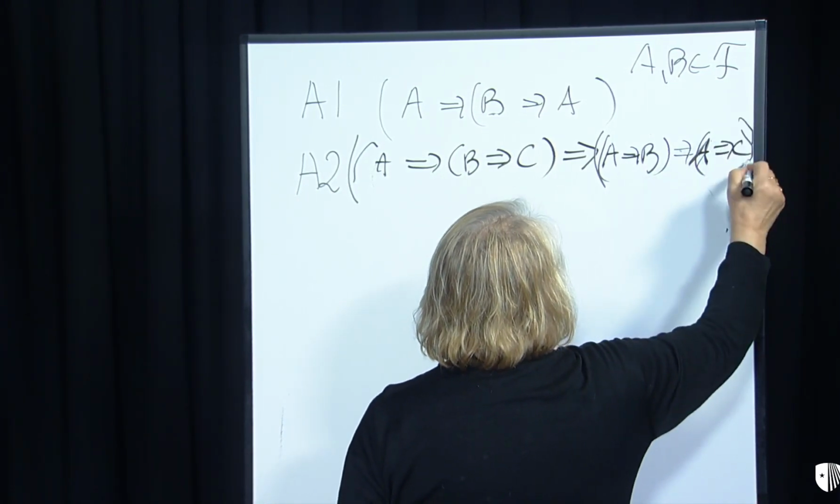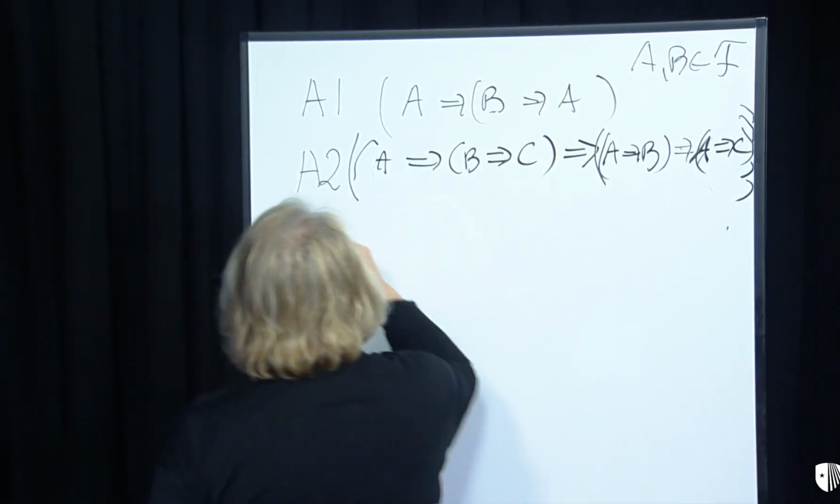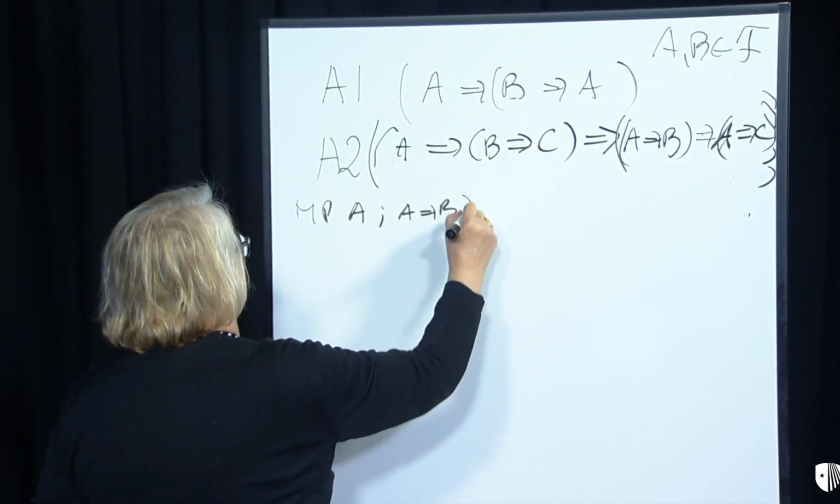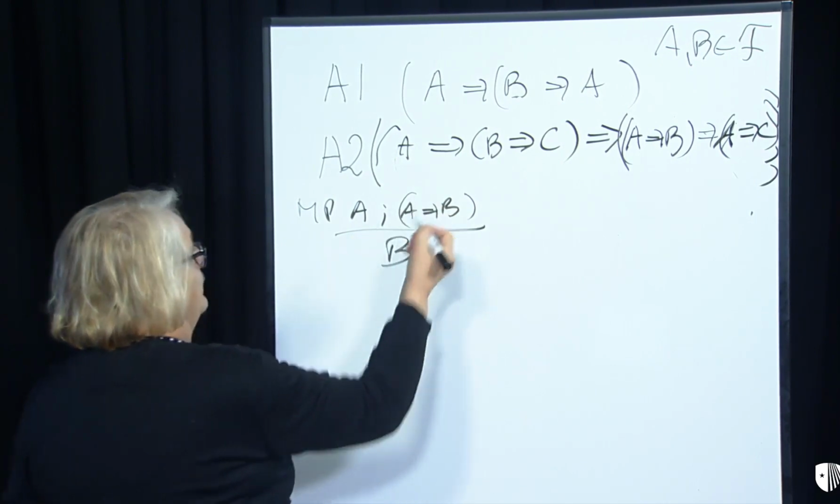Here you have 3 parentheses to close the formula, and modus ponens is A implies B, so I'm not going to keep it all the time.